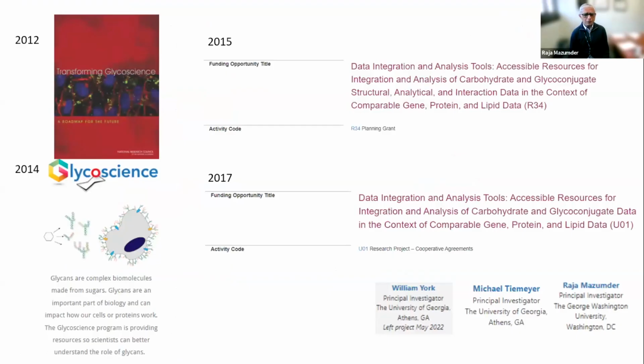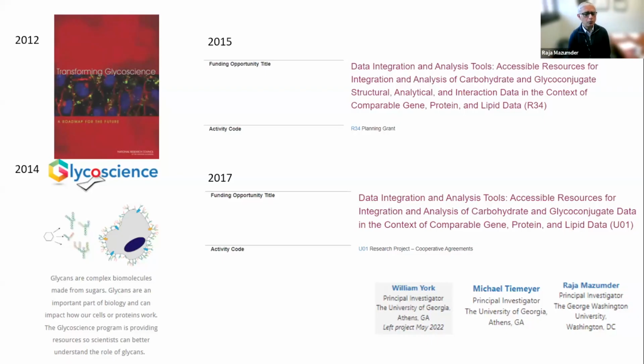So I will talk a little bit about the history, how GlyGen and some of the things that we're talking about from the glycoinformatics space, at least at NIH, some of the things that have helped us get where we are. There was a 2012 report that was published, a roadmap for the future, transforming glycoscience. And that was a culmination of a lot of work over many, many years.